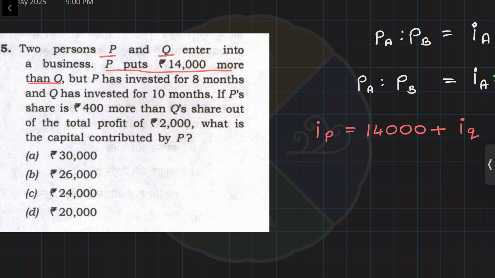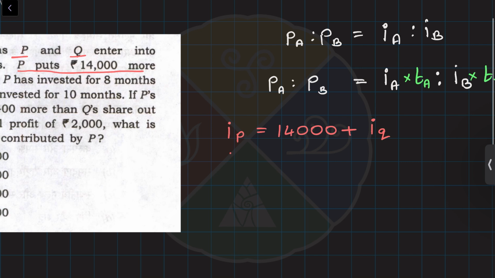But P has invested for 8 months and Q has invested for 10 months. Time of P is 8 months and time invested by Q is 10 months.